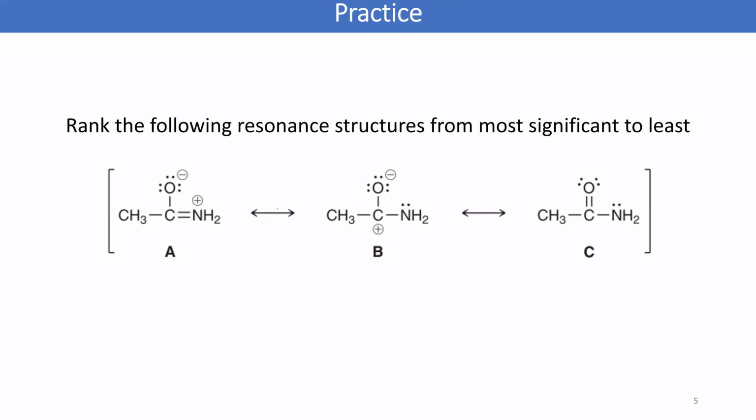So that was the second variable to think of. The most important is to fill all the valences that you can. And then if they all have the same number of complete valences, you can start looking at what keeps my formal charges closest to zero.